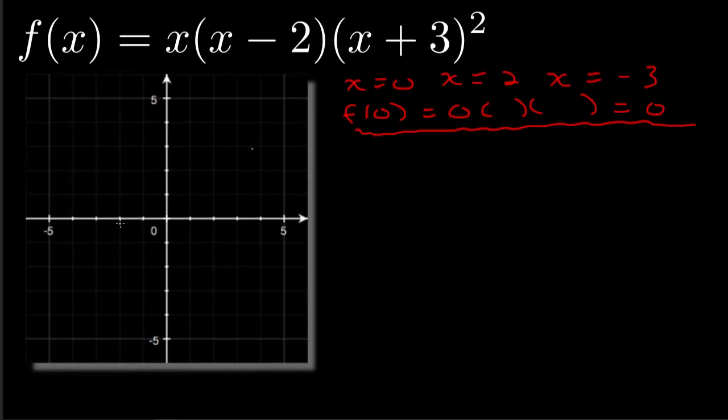the end behavior. So let's plot my roots before I do the end behavior. I've got 0, 2, and negative 3. My end behavior, which I'll abbreviate as EB, this time if I were to multiply out the function, I would get x times x squared, or f of x is going to equal x to the fourth plus some other terms that don't matter.